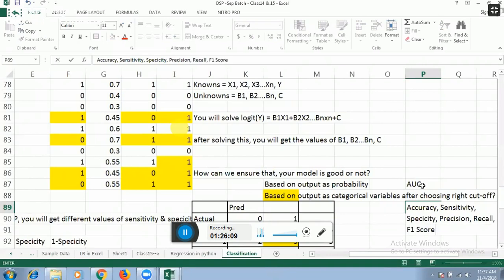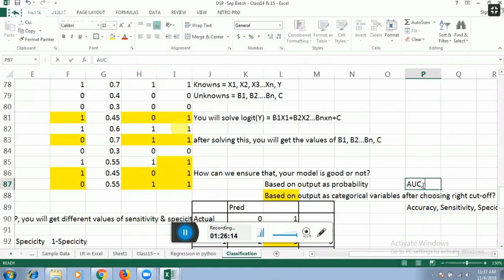So these are some more metrics, and we will discuss them later. And AUC, and of course, there are a few more metrics like concordance and discordance, Somers' D, which is also called Gini, and gamma. These are all different metrics we calculate based on the probability, and based on the categorical output, this is my matrix.